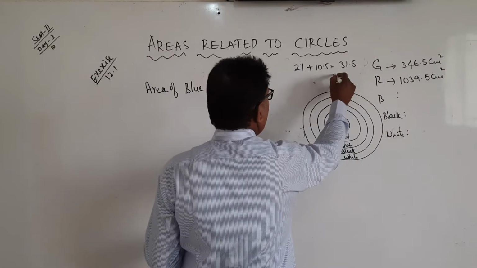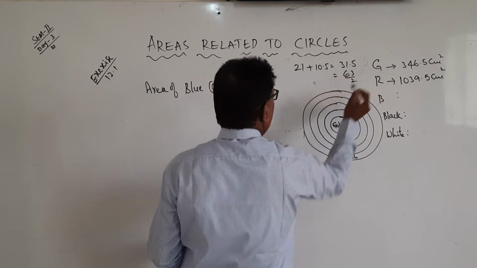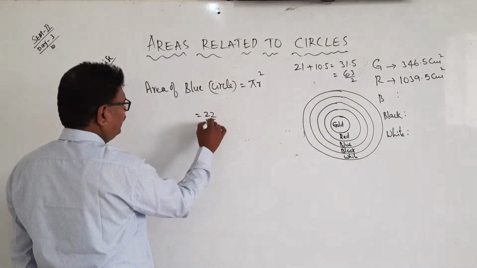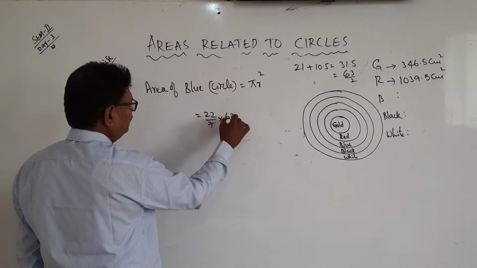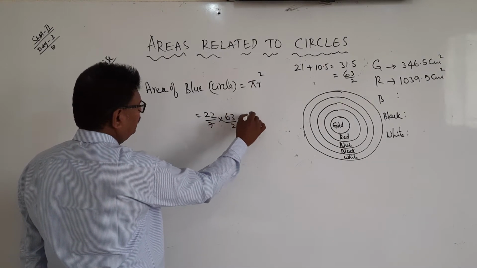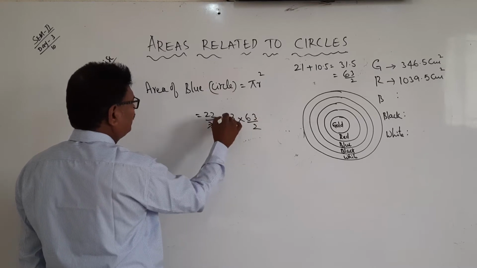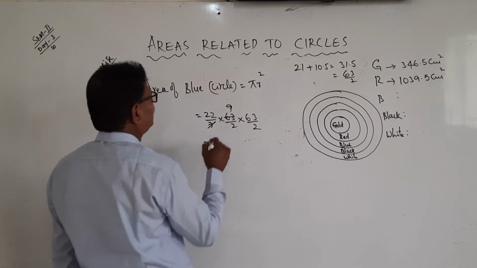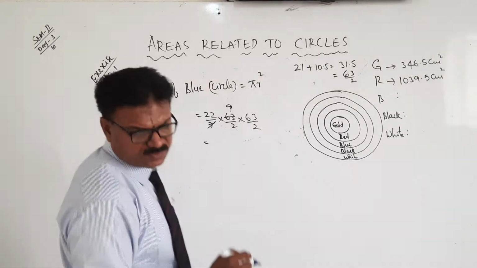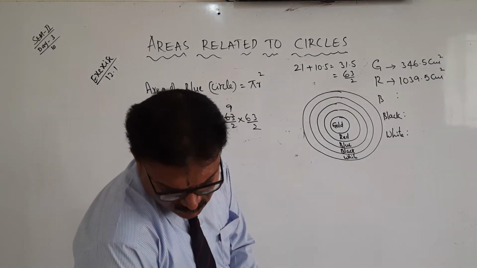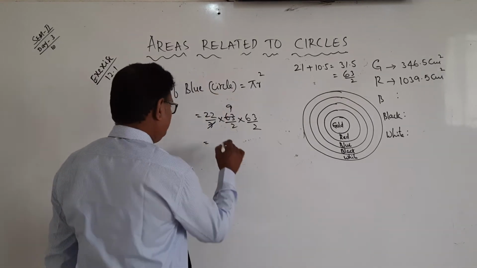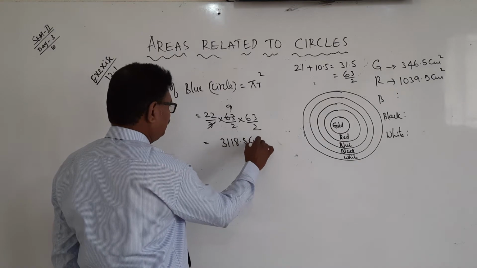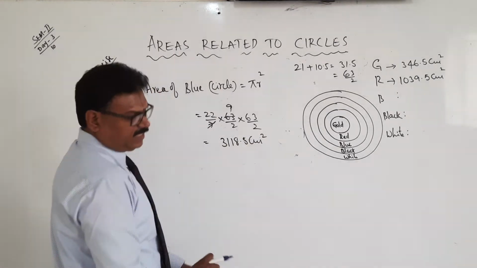You can write 31.5, otherwise 63 by 2 also you can write. Therefore it is nothing but 22 by 7 into 63 by 2 into 63 by 2, 7 into 1, 7 into 9. Now what is the total? 3118.5 centimeter square.